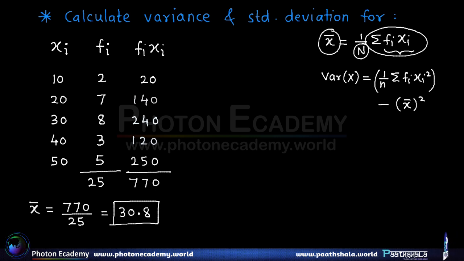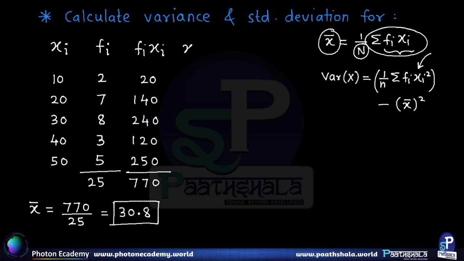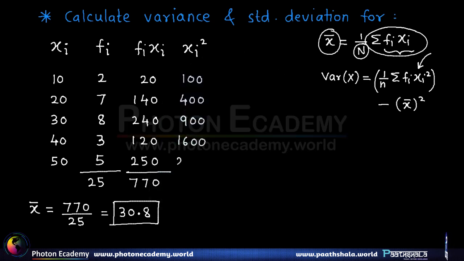So that means now we have to generate the column for summation of fi xi square. First let us build the column of xi square, that is we merely square the xi terms. So we get 100, 400, 900, 1600 and 2500. Here we don't need to add because we have to multiply with fi now.